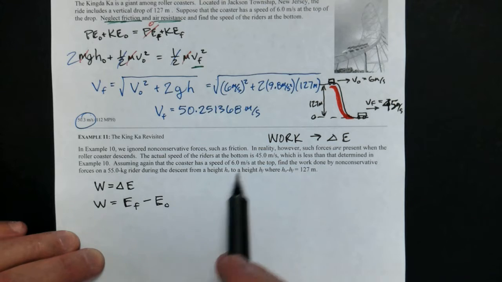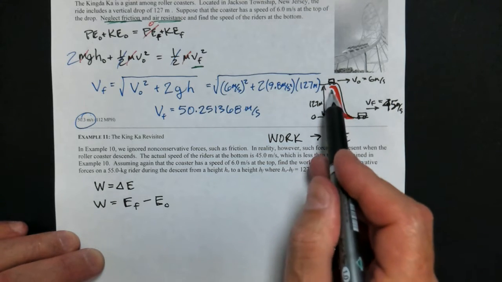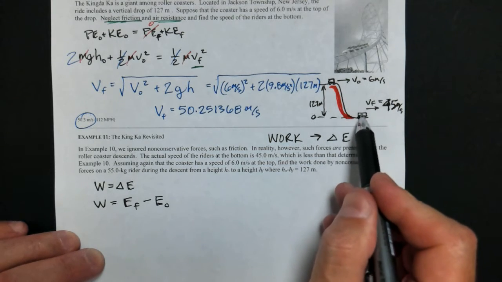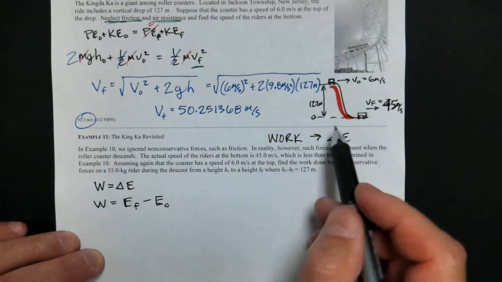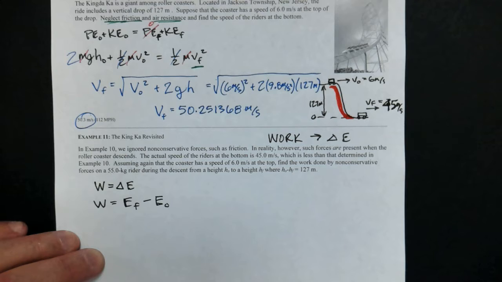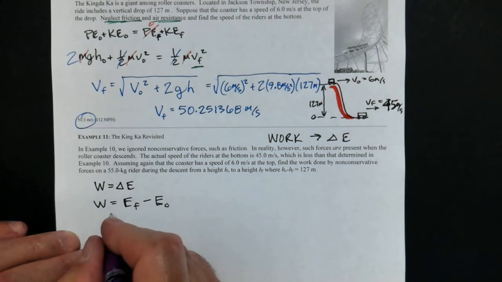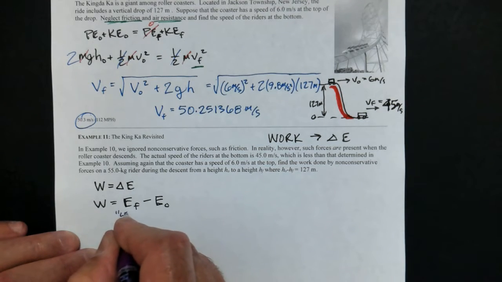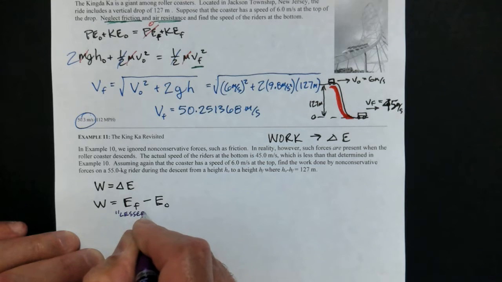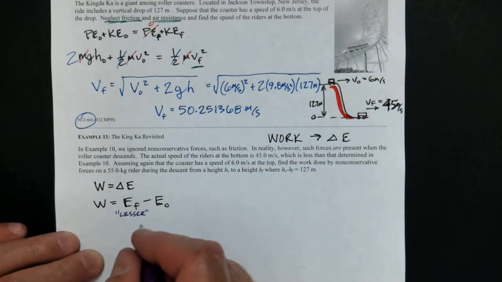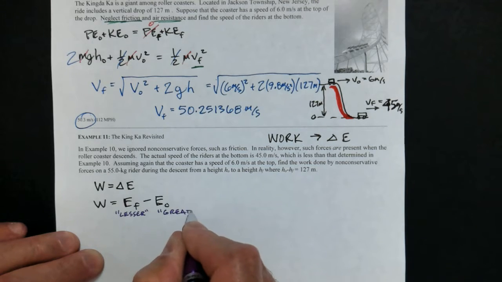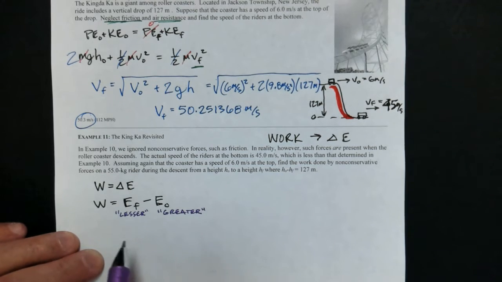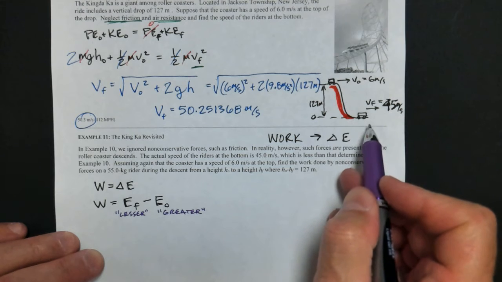However, because this friction takes away some of the energy and we have less energy available, mechanical energy of the car down here, that means the final energy is going to be what we might call lesser. And the initial energy is greater. And that's because we've lost some energy on the way down.